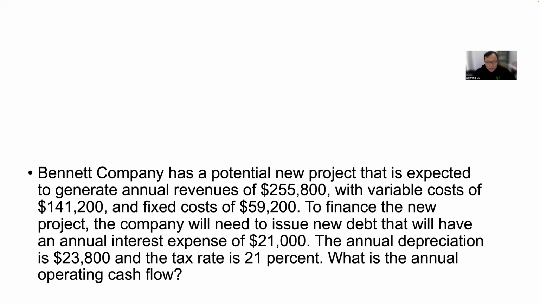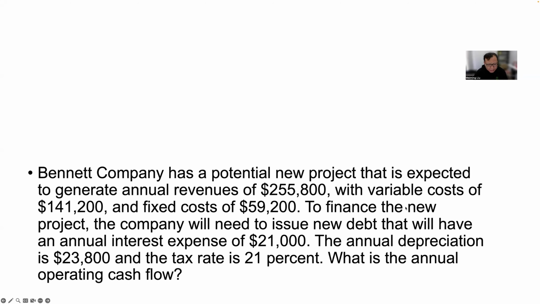To finance the new project, the company will need to issue new debt that will have annual interest expenses of 21,000. The annual depreciation will be 23,800, and the tax rate is 21%. What is the annual operating cash flow?